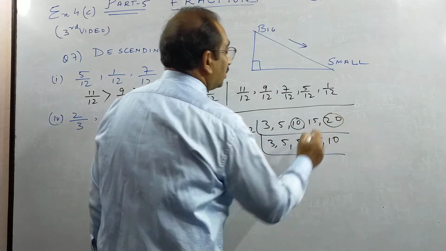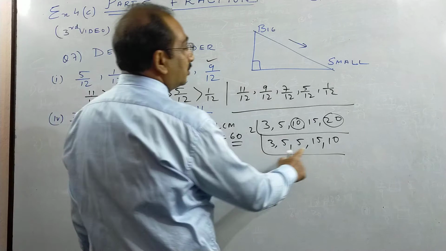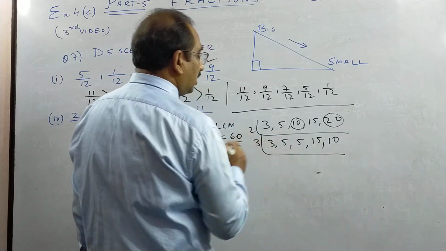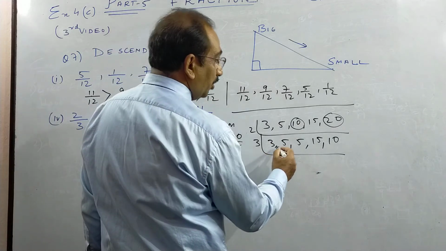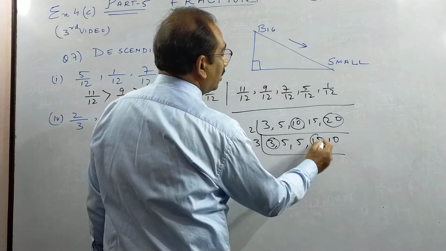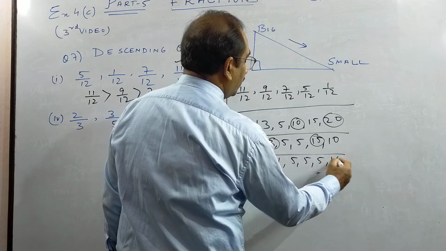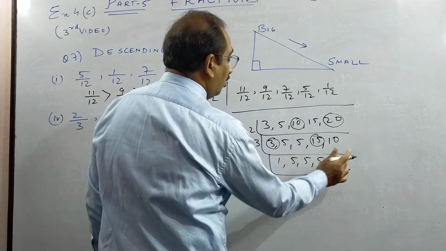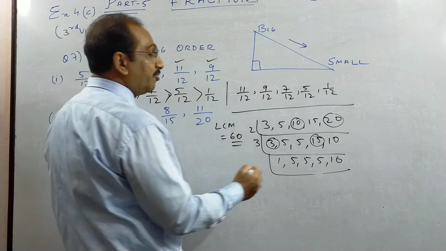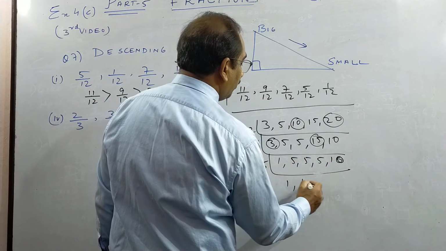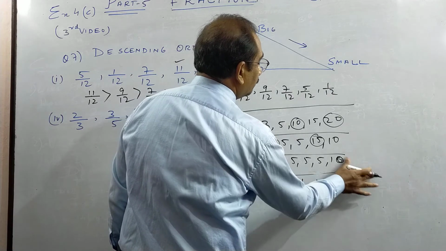So here 2 numbers were going by 2. Next you see, only 1 number will go by 2. So next I try with 3, because there are 2 numbers which will go by 3. 3 ones are 3, 3 fives are 15. Finally you see all of them go by 5. So 5, 1, 1, 1, 2.